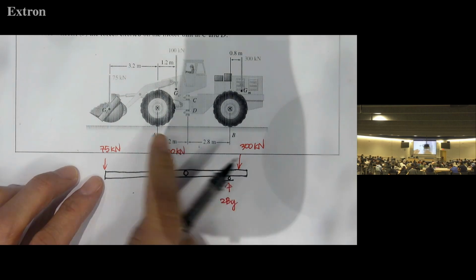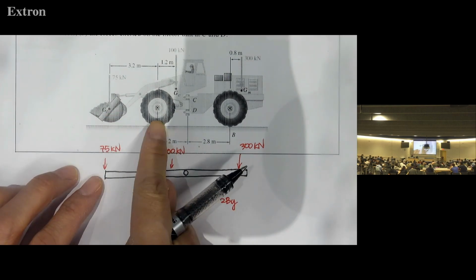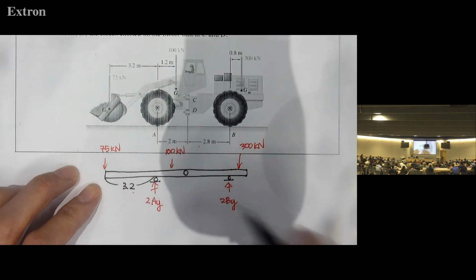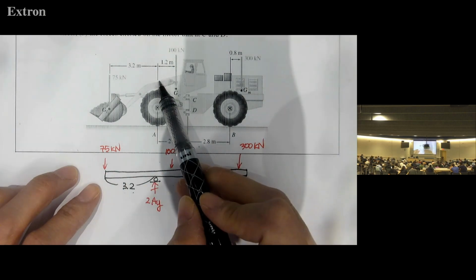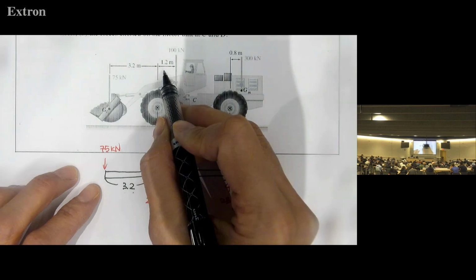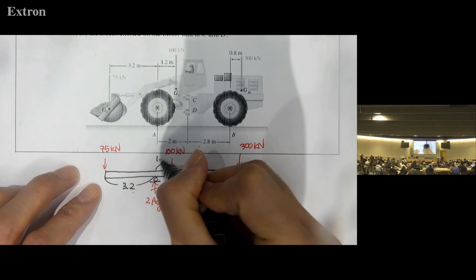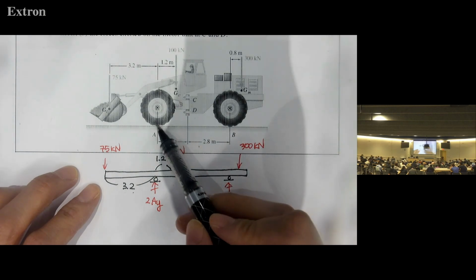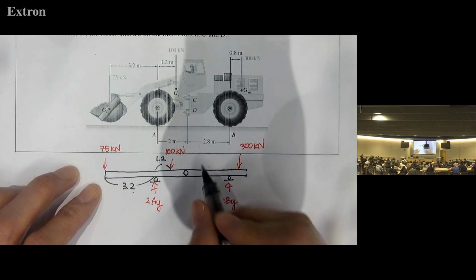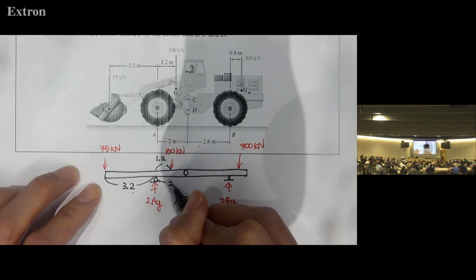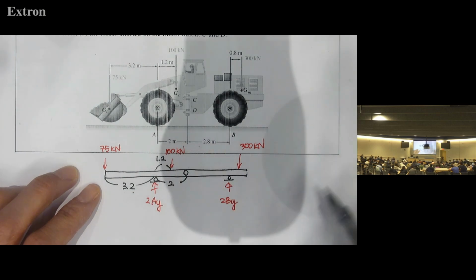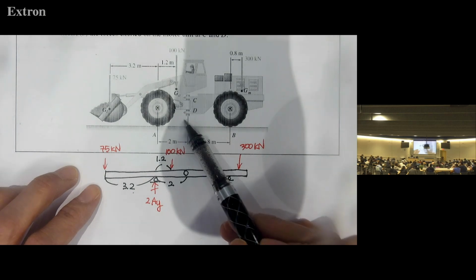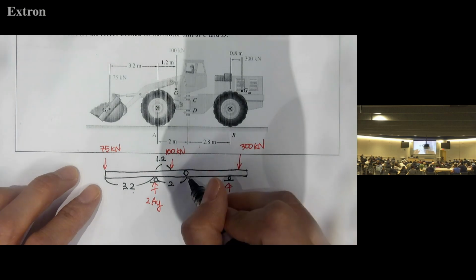Between 75 and A is 3.2, right? Between A and 100, it's 1.2. Between A and CD is 2. I'm just using the dimensions given here. Between CD and B, 2.8.